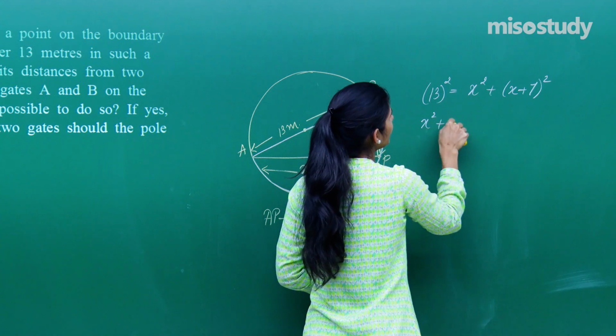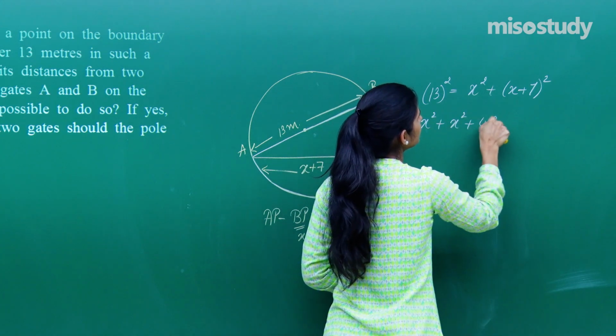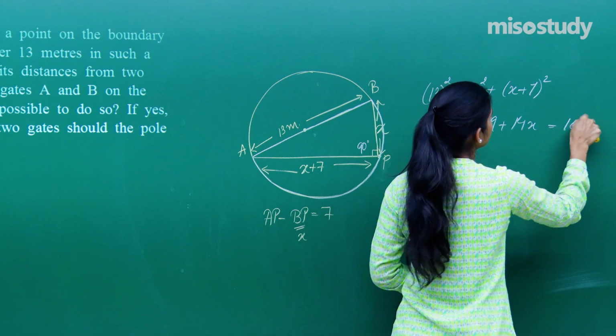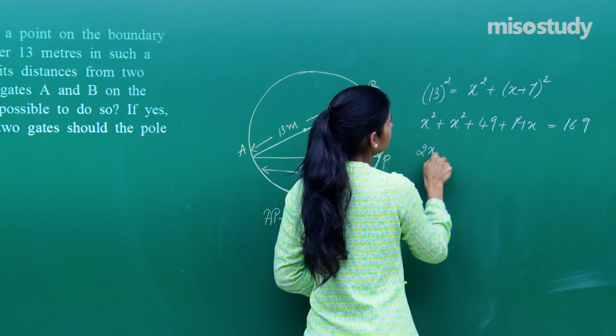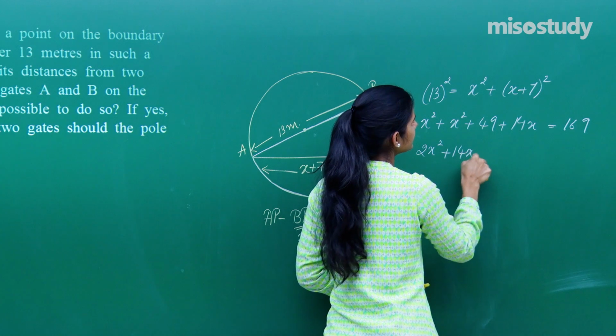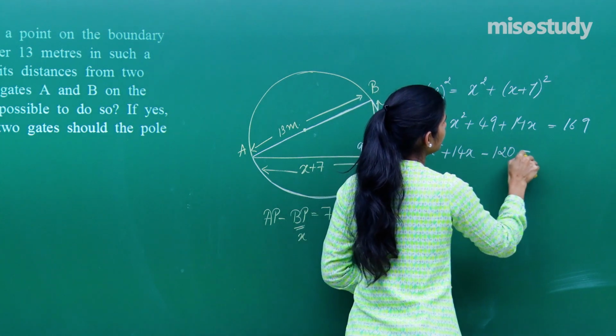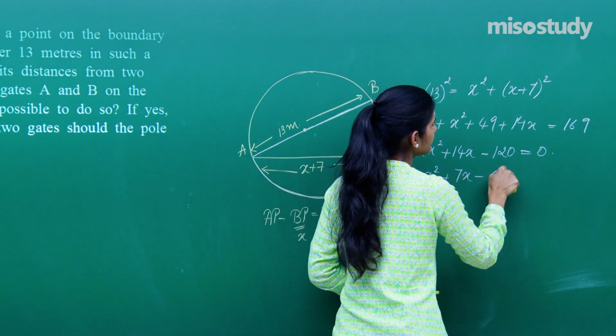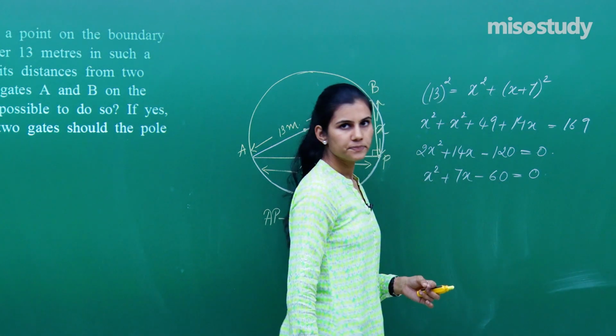That gives you x square plus 49 plus 14x equals 169. This is 2x square plus 14x minus 120 equals 0. This is x square plus 7x minus 60 equals 0.